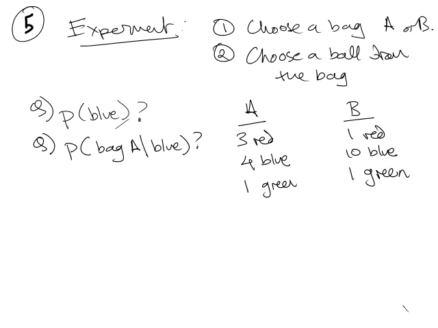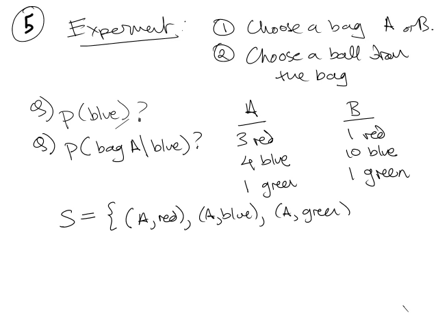Before we can compute any probabilities, let's make everything clear. In order to use math, we have to explicitly define the probability space. So the probability space here is going to have 6 points, which I'm going to call A red, A blue, A green.